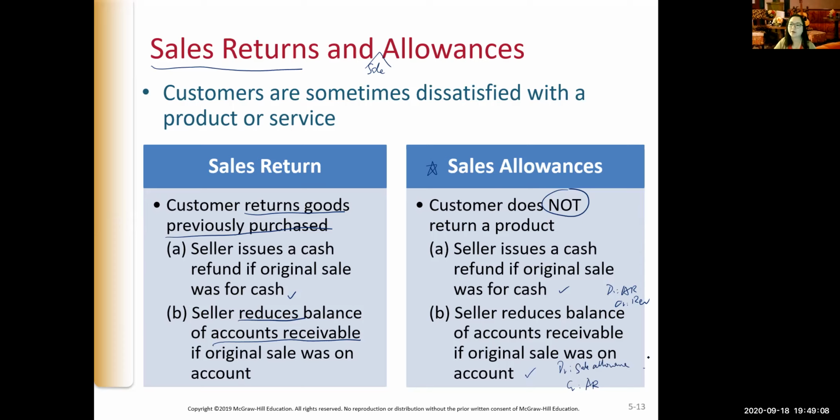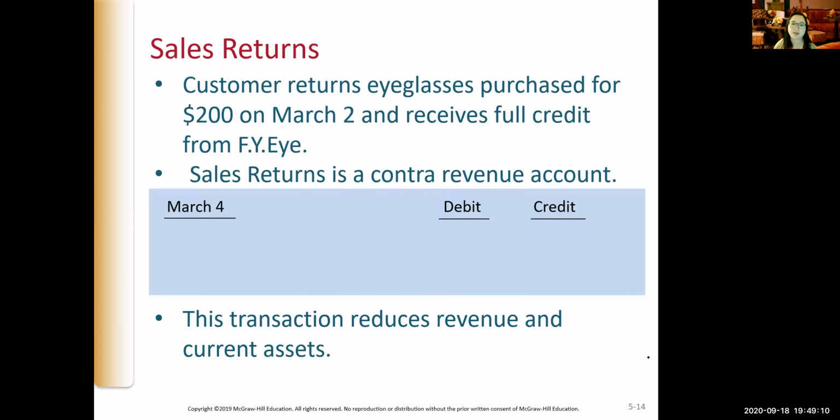Okay, we're going to look at the specific examples. For example, the customer returned the eyeglasses purchased for $200 on March 2nd. So on March 2nd, of course, there was already a sale, right? Accounts receivable and revenue for $200. They bought some eyeglasses, but they are not happy about something.